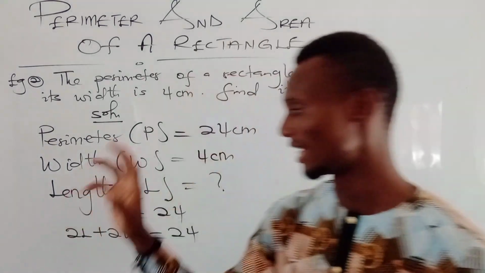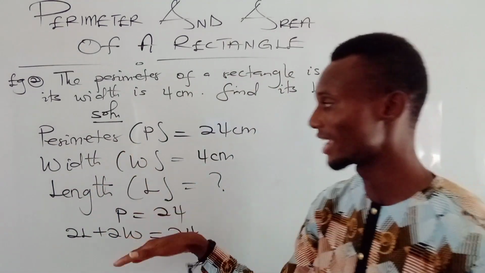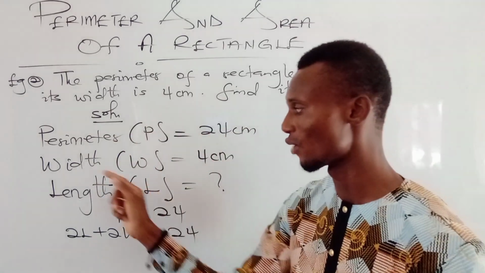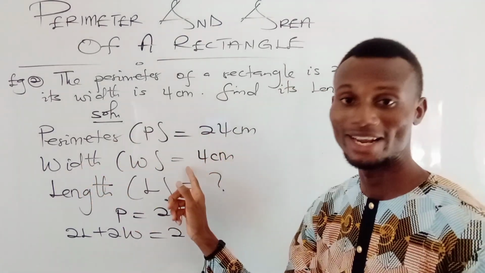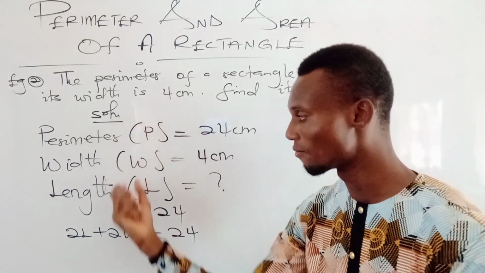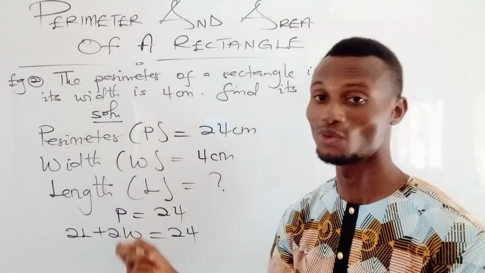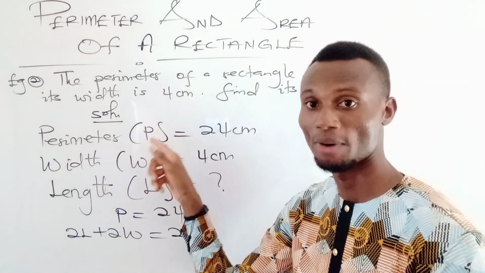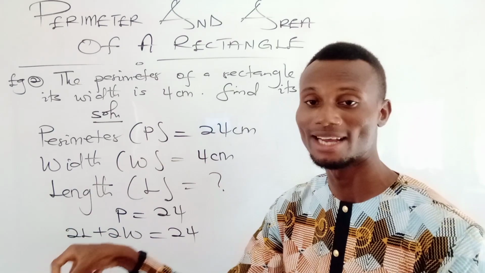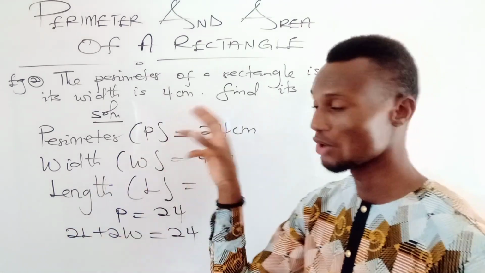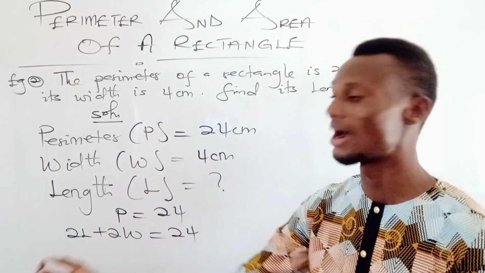Let me go over one more time. We were given the perimeter of the rectangle, and also the width of the rectangle, and we are being asked to find the length. From the information given, the only place we can find the length from is the perimeter, because it's within the perimeter that we can get the length and also the width. So we go to the perimeter to get our length from it.